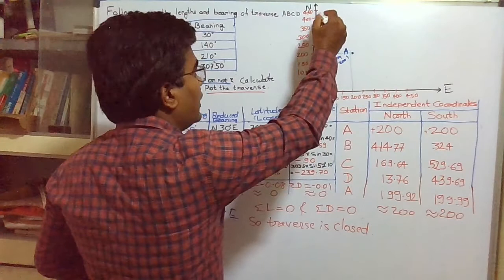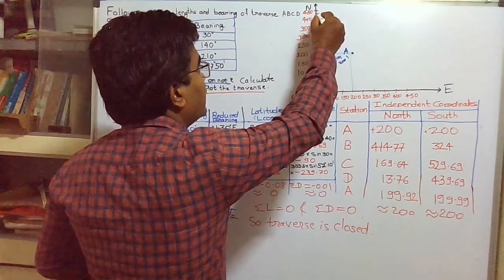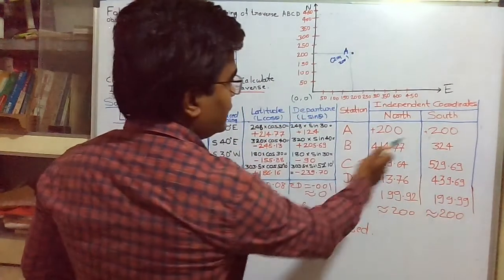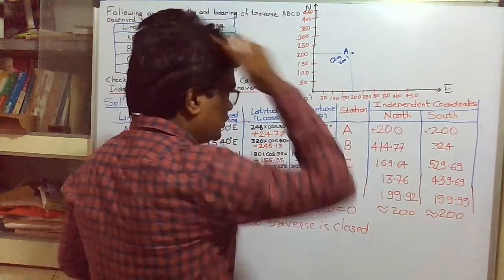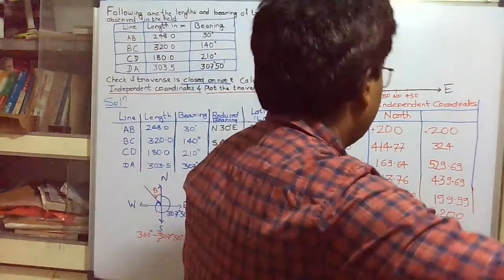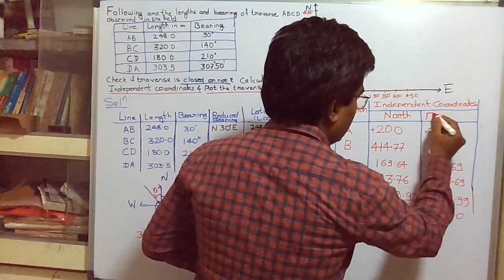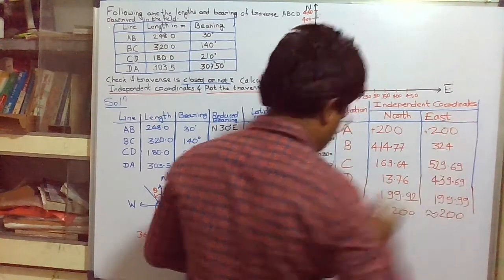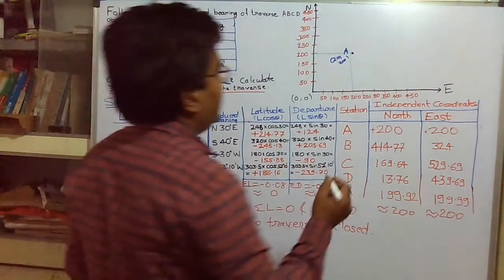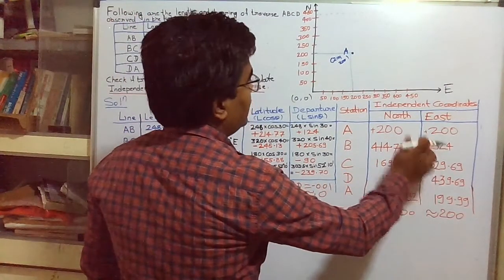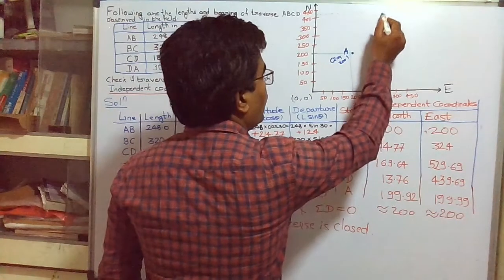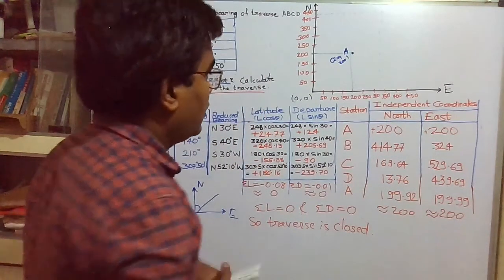This is 400 and it's 414, so it will come somewhere here. And what is its east coordinate? 324. So 324, then here it's 324. Then this is your coordinate for point B.